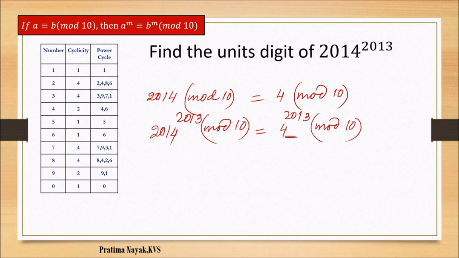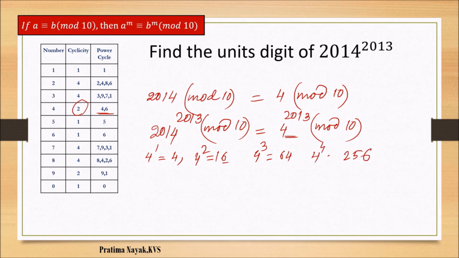Now we'll go for the cycle of 4. 4 power 1 is 4. 4 power 2 is 16, ends in 6. Again 4 power 3 ends in 4. 4 to the power 4 is 256, ends in 6. So you can make a conclusion here.